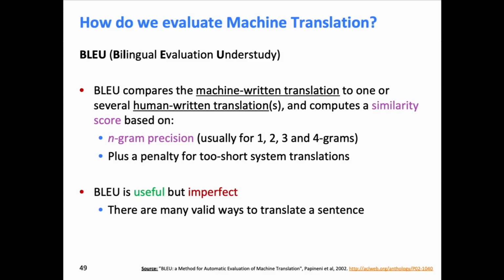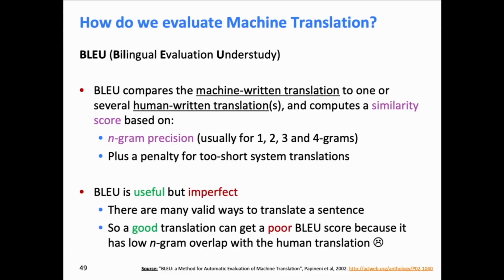So if there's many valid ways to translate a sentence, how does BLEU recognize that? BLEU is rewarding sentences that have a high n-gram overlap with one or some of the human-written translations. But if your model writes one valid translation and the humans wrote a different valid translation and they don't have high n-gram overlap, then BLEU is going to give you a low score.